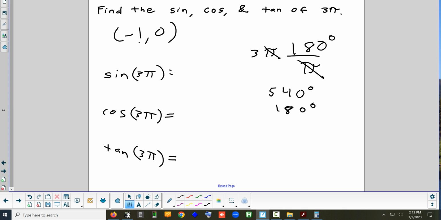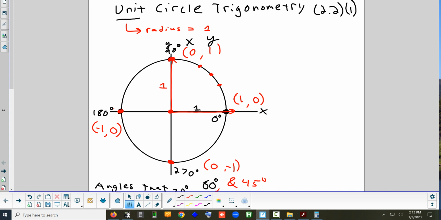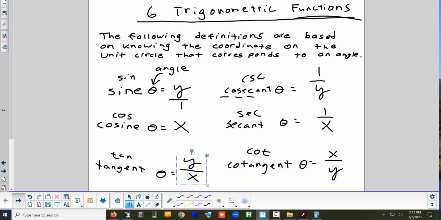Okay, so use this as your x, use that number as your y, and fill those numbers into this one. Now, you might be wondering, what would have happened if this number wasn't one of the 4 that we talked about so far? What if it wasn't 0, 90, 180, or 270? Well, that's not going to happen today. It's always going to be one of those 4, if you have to find the coordinate.